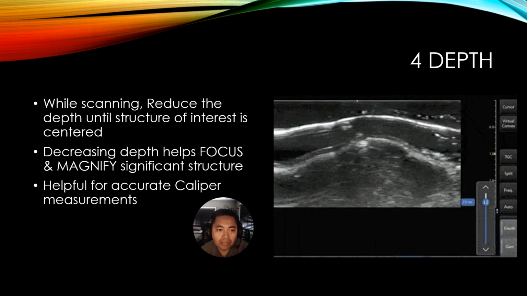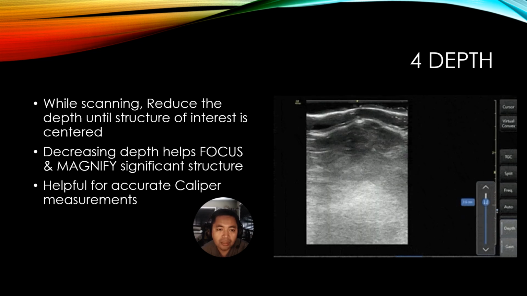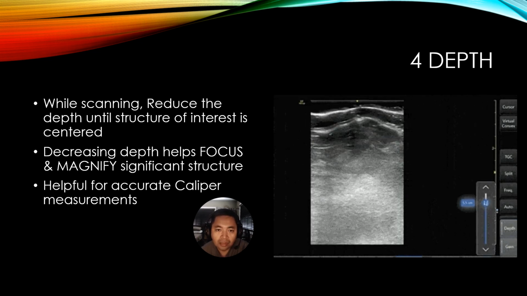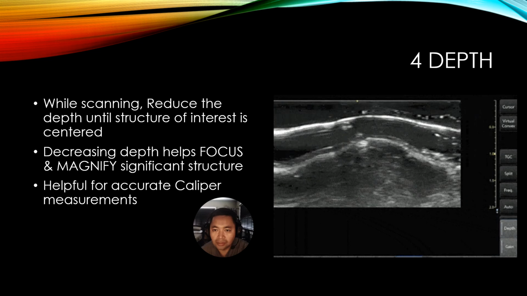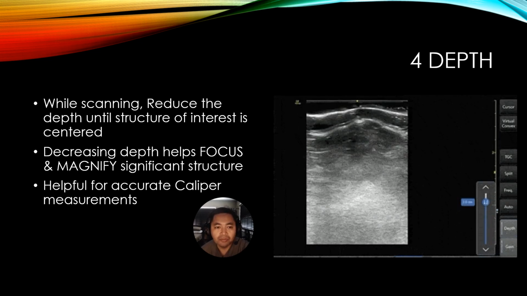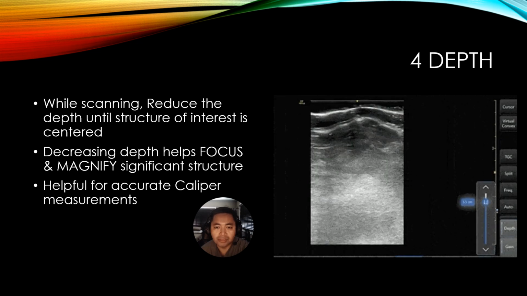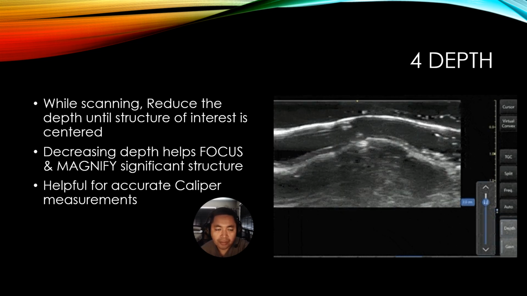And then while scanning, you can reduce the depth until the structure of interest is centered. Decreasing depth will help you focus and magnify the structure you are interested in. This is especially helpful in doing accurate caliper measurements.